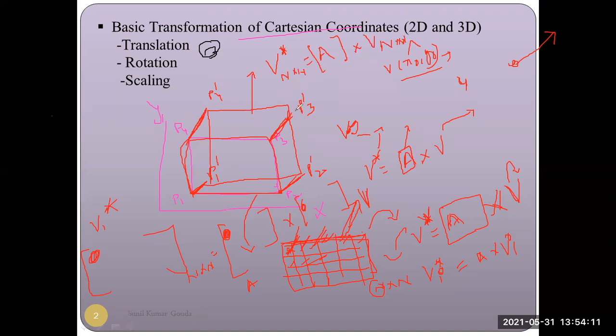Then for each pixel value, the ith element of V star will be equal to A into the ith element of V. That means each pixel is translated. Is it clear what I'm trying to explain?